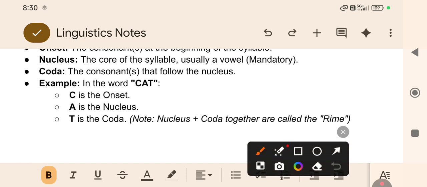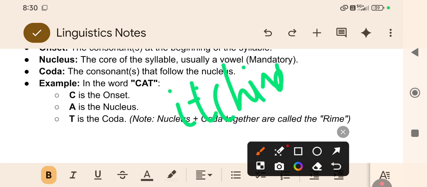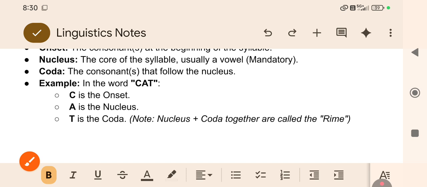If I say itch, itching, right? So that is I and ch. Let me give you another example of rhyme.